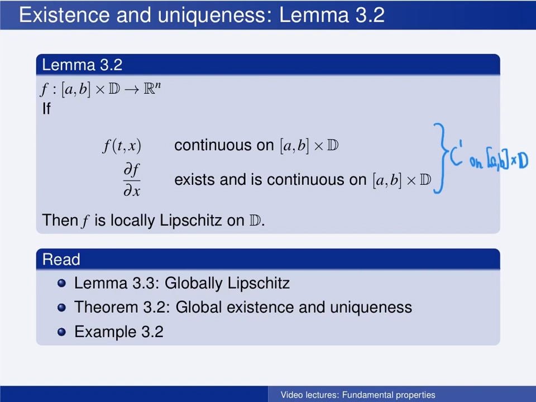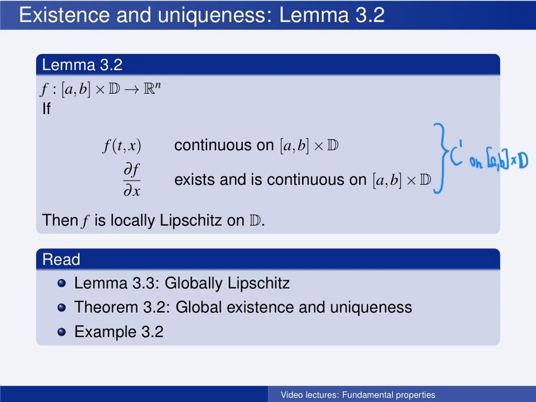Without the second condition of Lemma 3.1, which required that the partial derivative should be uniformly bounded, we can no longer conclude that the function is Lipschitz on the set, but we can conclude that the function is locally Lipschitz on the set D. And locally Lipschitz is all that is required in Theorem 3.1, which concerns local existence and uniqueness.